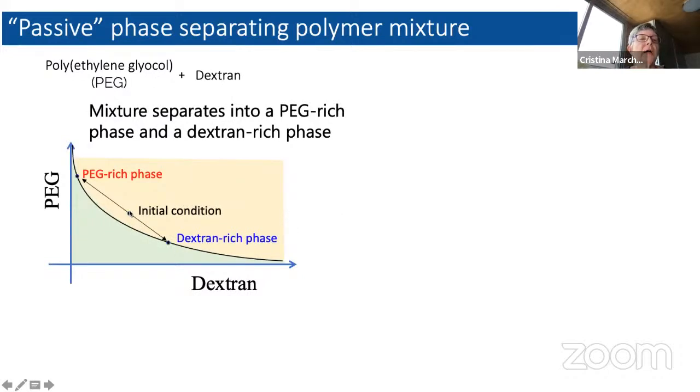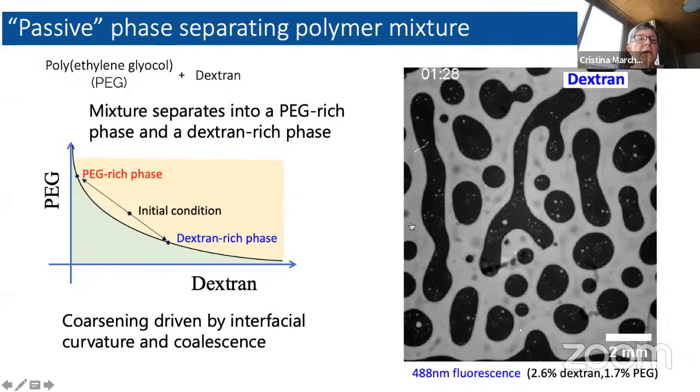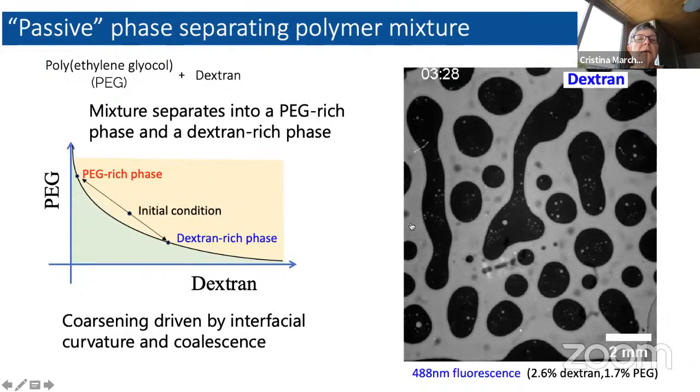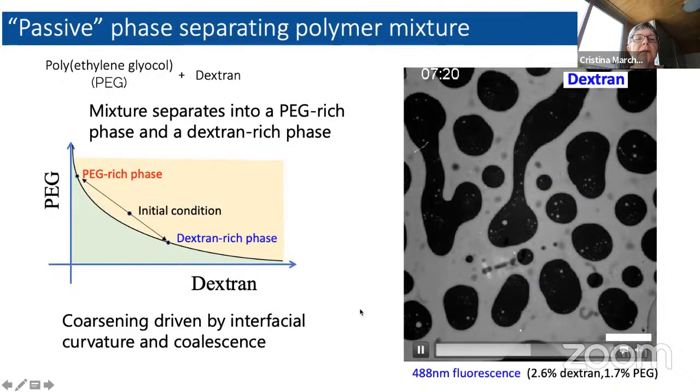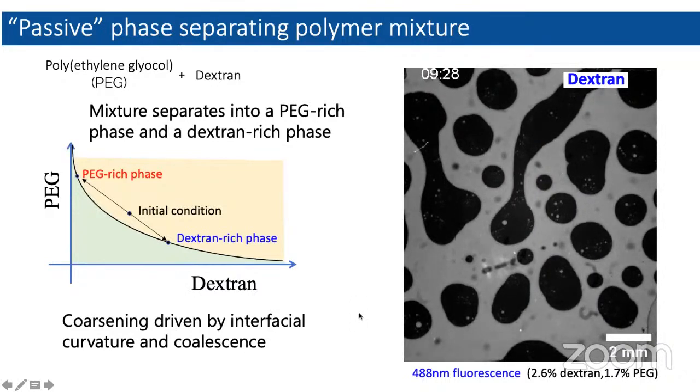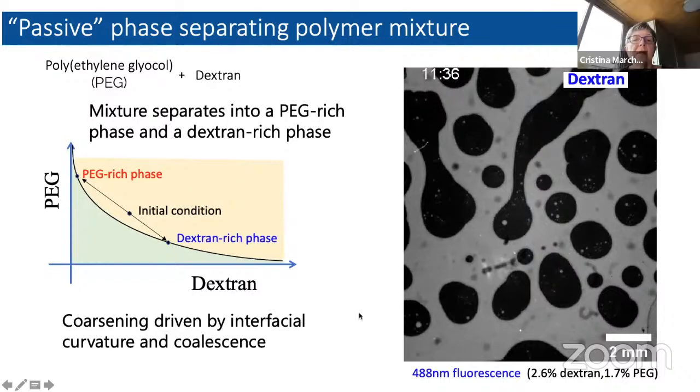And so if you start in this region of the phase diagram, they will spontaneously separate into a PEG-rich phase and a dextran-rich phase. And the coarsening is driven by interfacial curvature of the various drops and coalescence. And this is just equilibrium coarsening of this system.